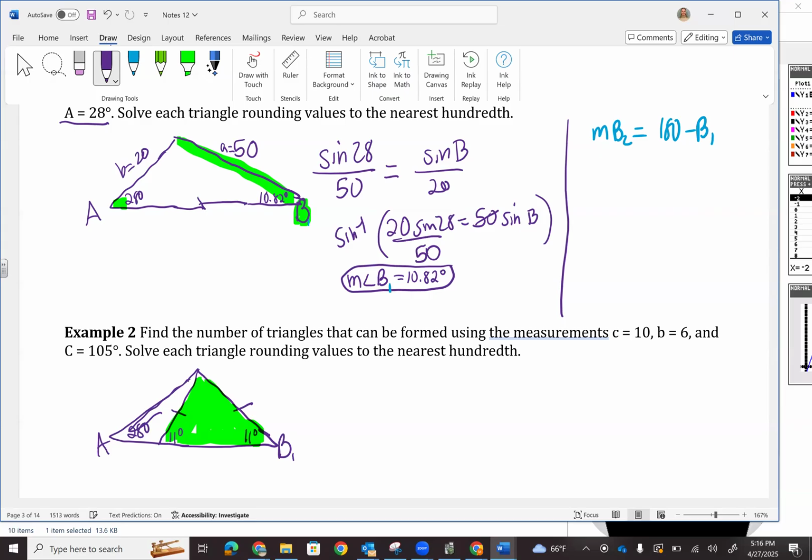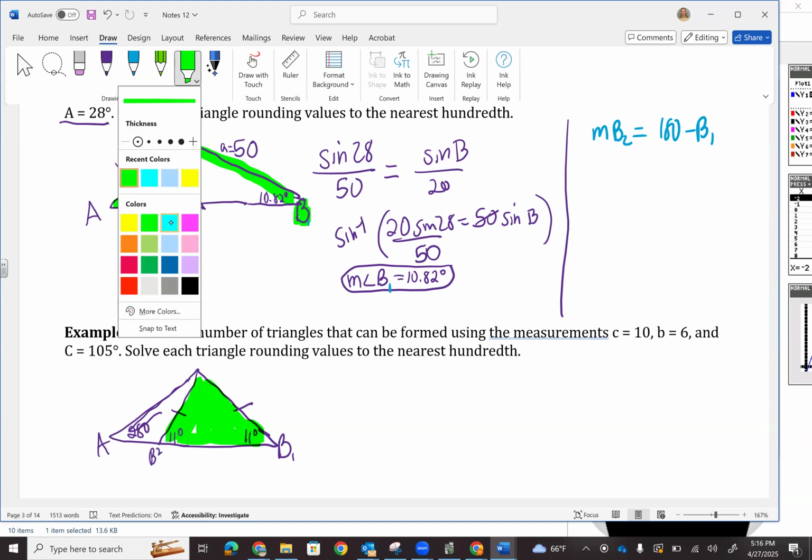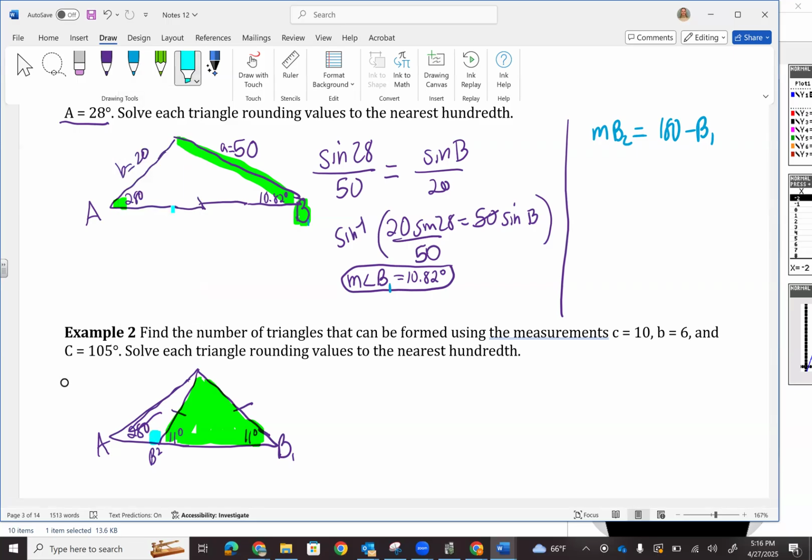Okay, so whatever you find for B1, you would put this here and then define the measure of B number 2, okay, which would be the angle formed at B for a slimmer triangle. So if you could form a slimmer triangle with those dimensions, angle B number 2 would be the supplement of angle B1.